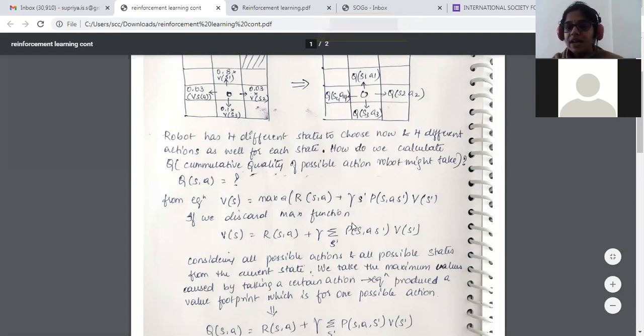Which means that I'm going to take the maximum of these 4. I will be calculating these values the same as whatever I'm doing over here. But whichever gives me the higher cumulative quality value, I will consider that.